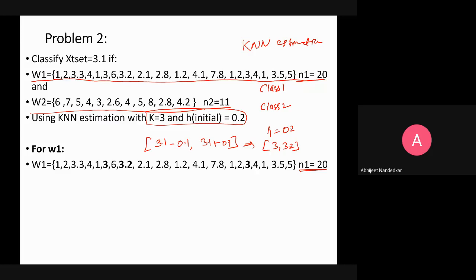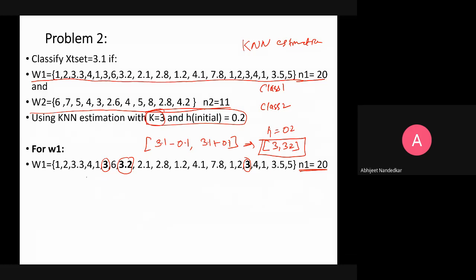So that range I have fixed for the window initially. And then I count how many samples from omega 1 fall in this range. This is sample 1, sample 2, sample 3. So I have 3 samples and I was in search of k equal to 3, so that is satisfying my condition.